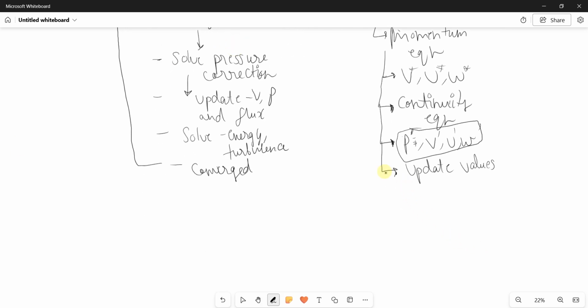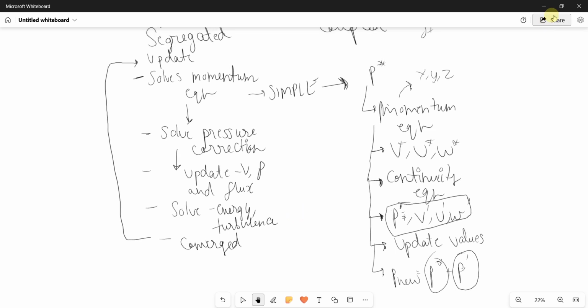It's simple. Your p new is equal to your p star plus p dash, right? So your original assumption plus this correction value. Now with this, your new term p new goes in instead of your p star, and this whole process continues until your values converge.